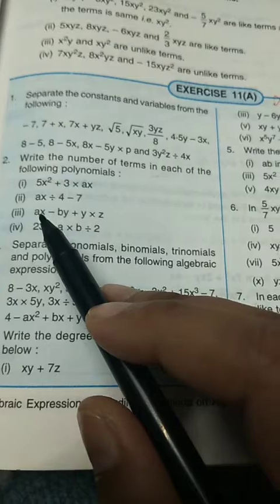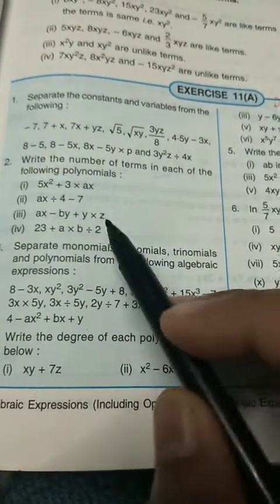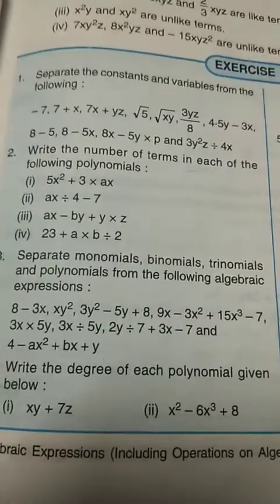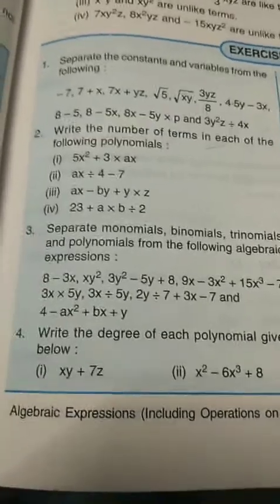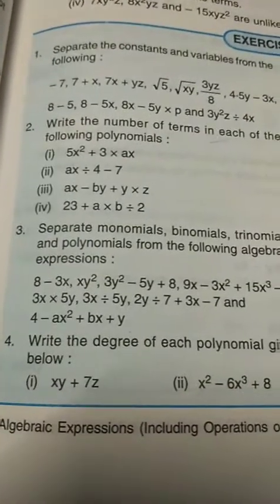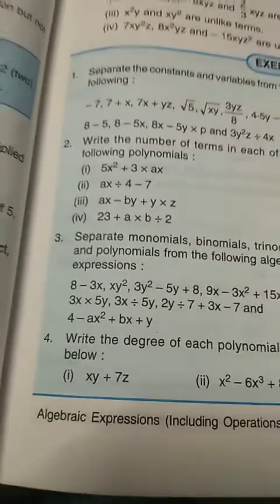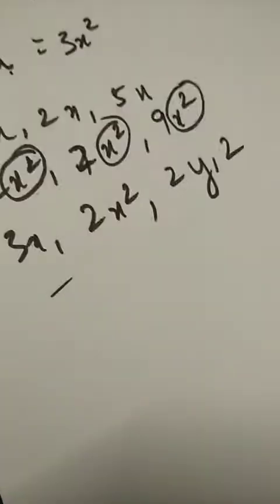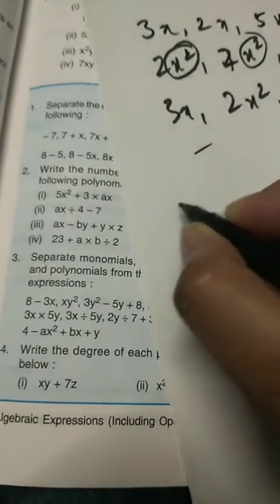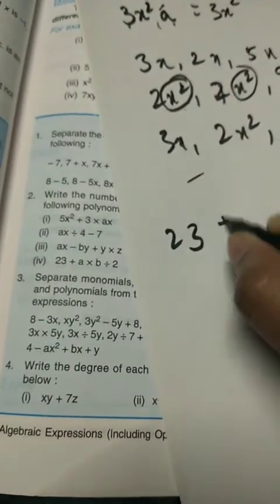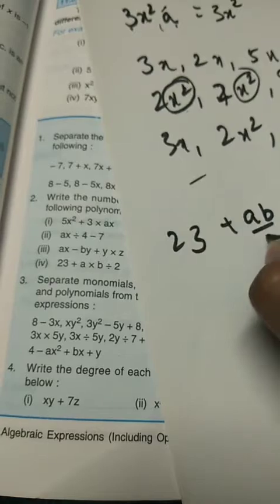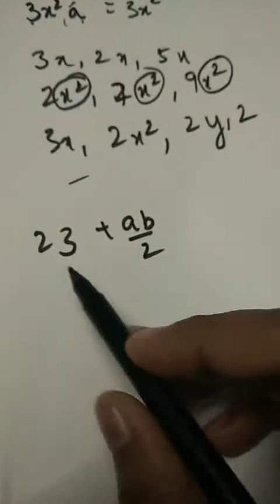Here 1, 2, 3, 4: there are a total of 4 terms in this question. In the third part, the term is written as 23 plus AB by 2. So here you can see only 2 terms.